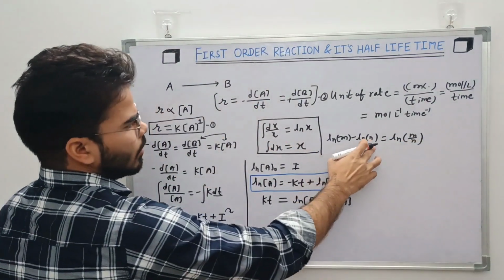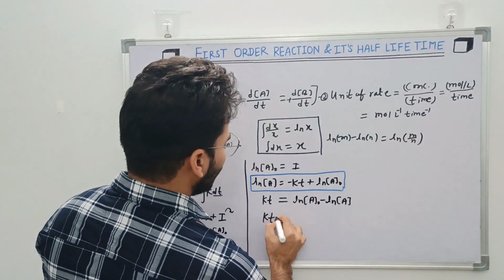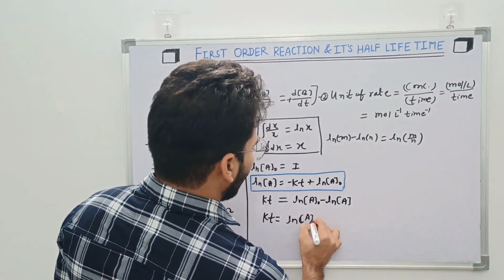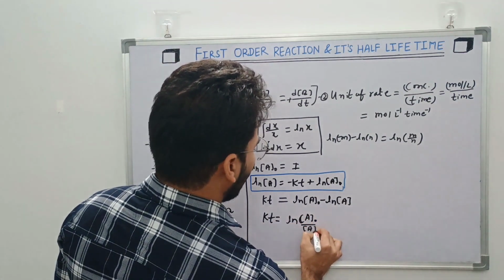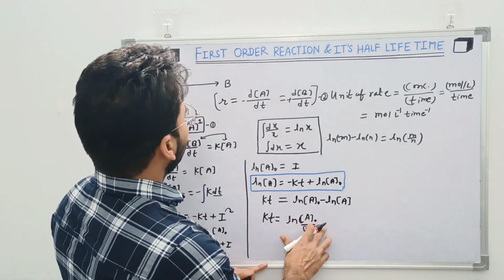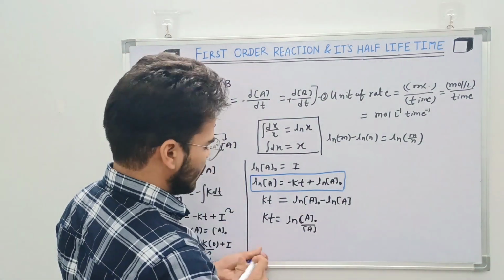Using this formula we can write another form, that is kt is equal to ln A0 upon A. Here A0 is the initial concentration of the reactant and A is the final concentration.